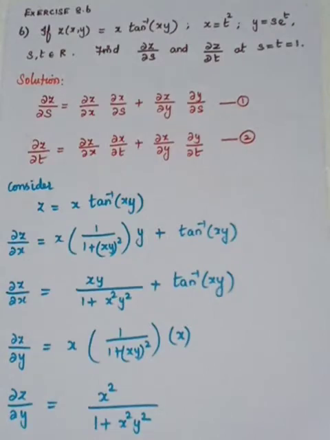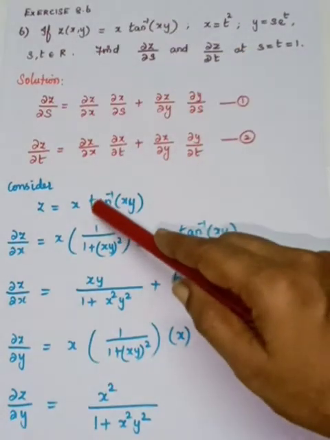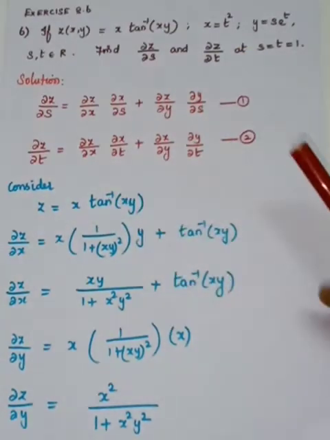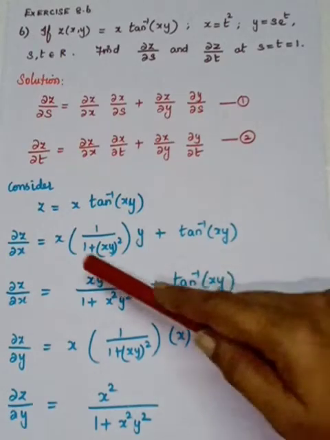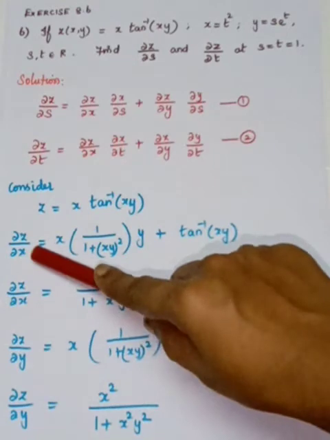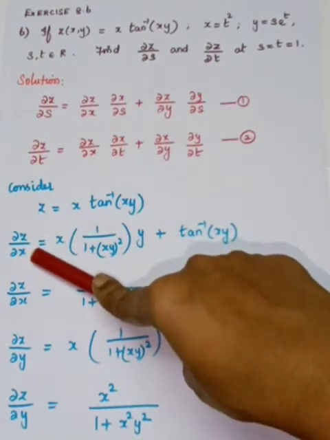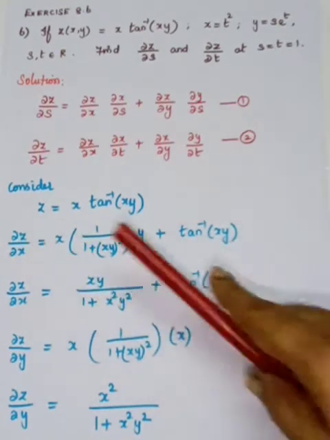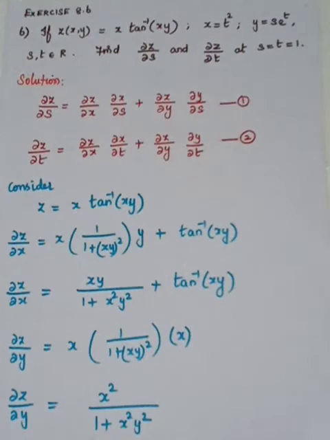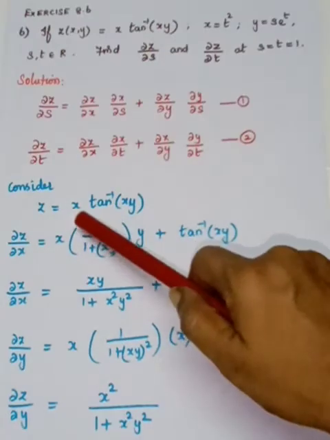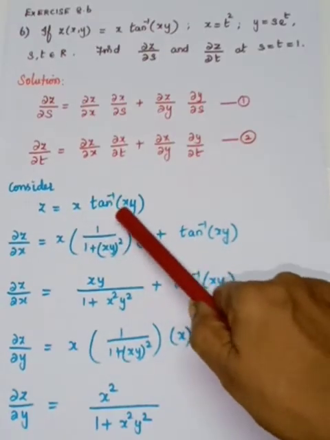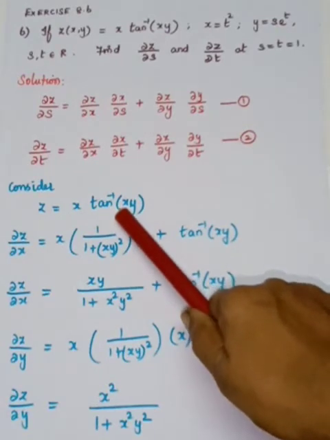Whatever it is, first you consider z. It has to be differentiated partially with respect to x and then y. So here dou z by dou x means z has to be differentiated partially with respect to x. See that x is here, and this inverse trigonometric function is also here.